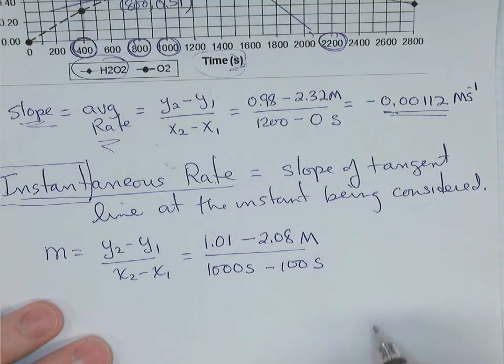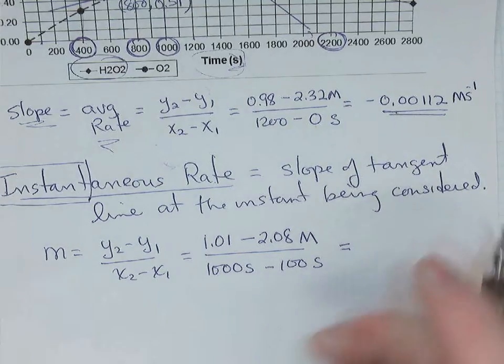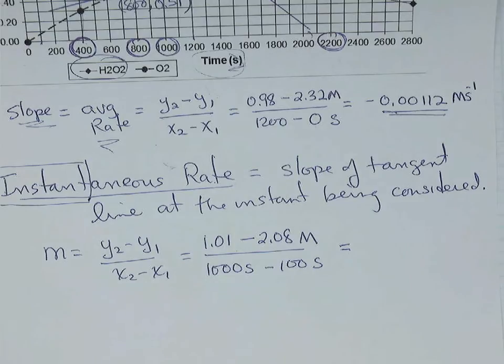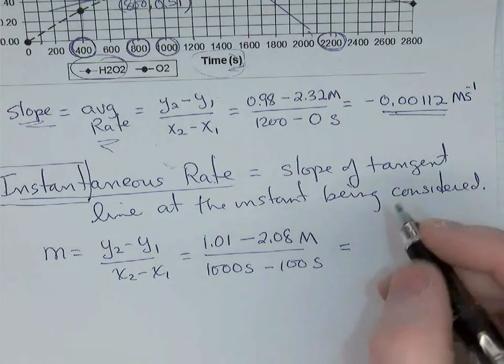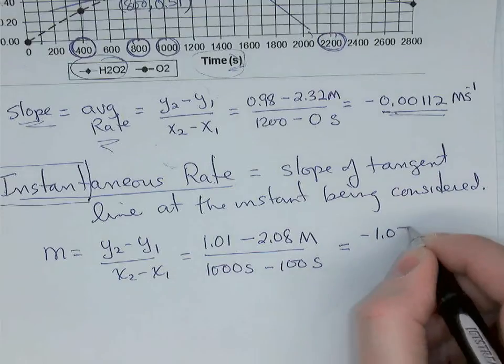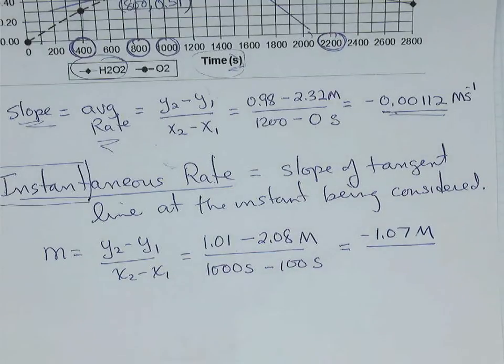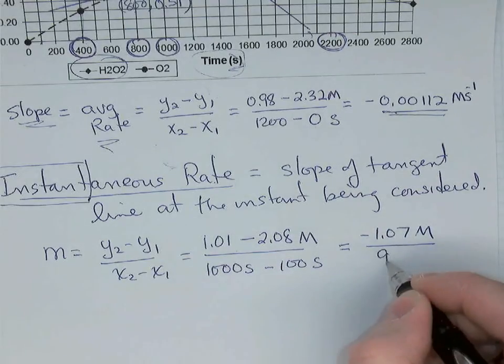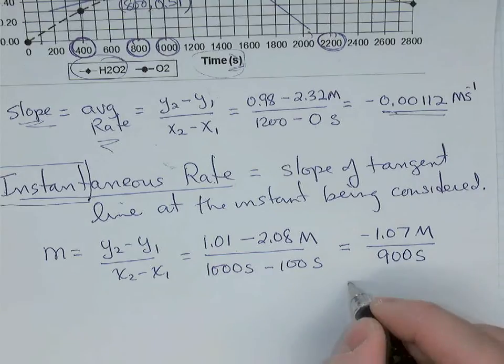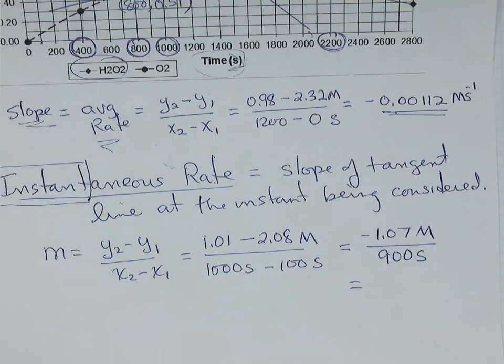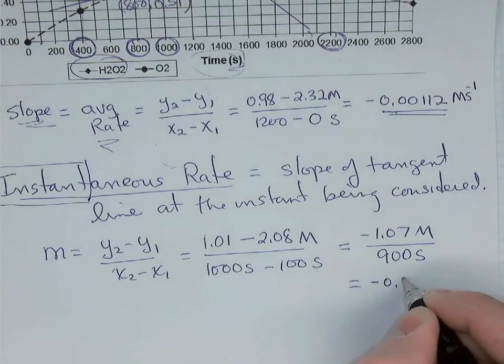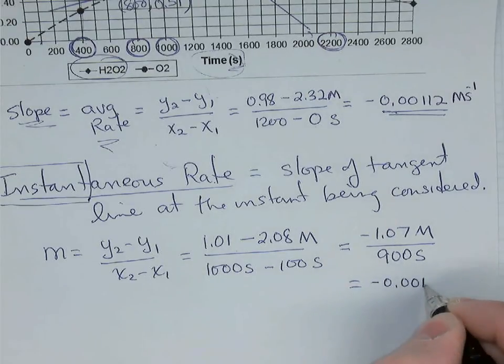With a calculator, 1.01 take away 2.08 gives me negative 1.07 molarity over 900 seconds. And when you divide that by 900, you get negative 0.00119 molarity per second.